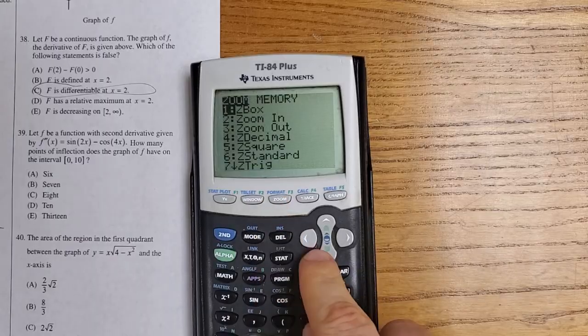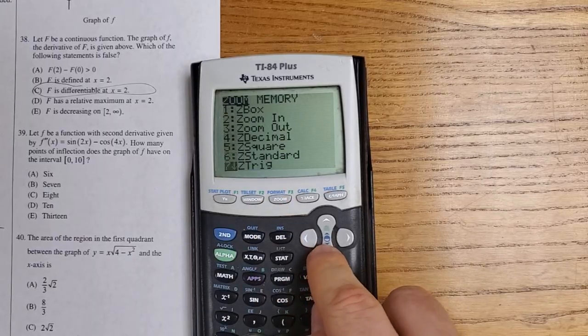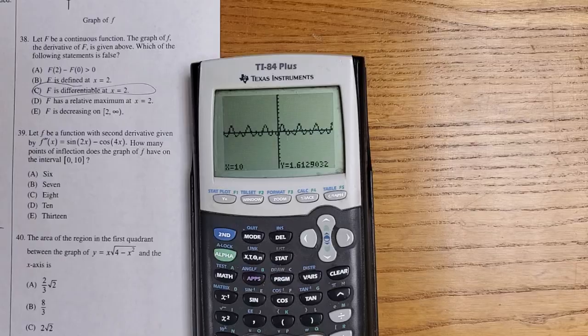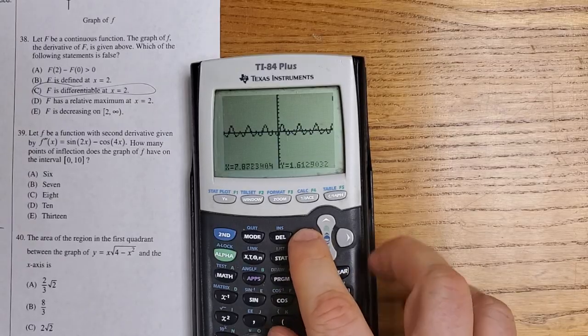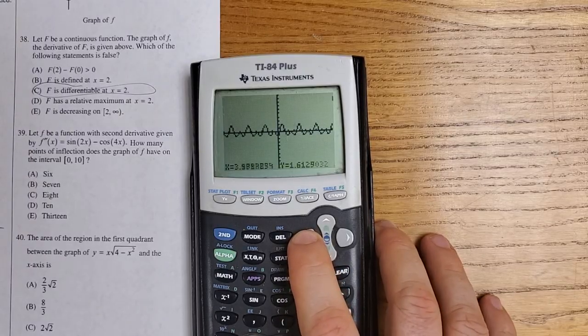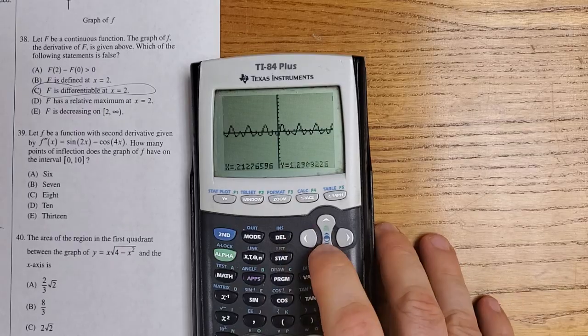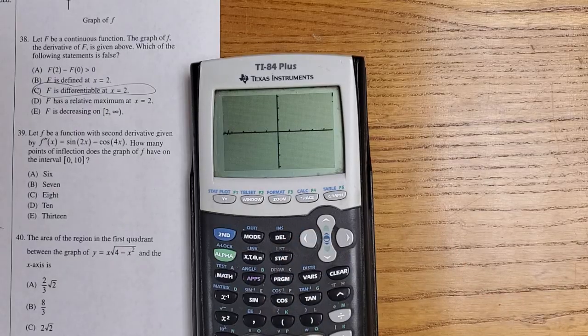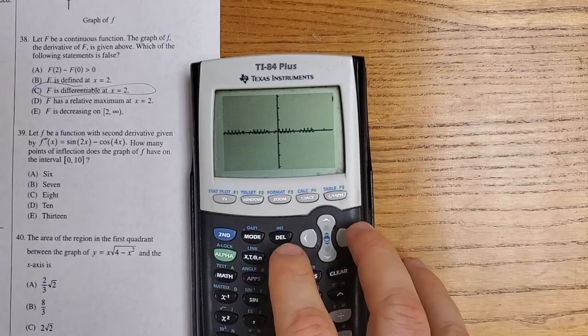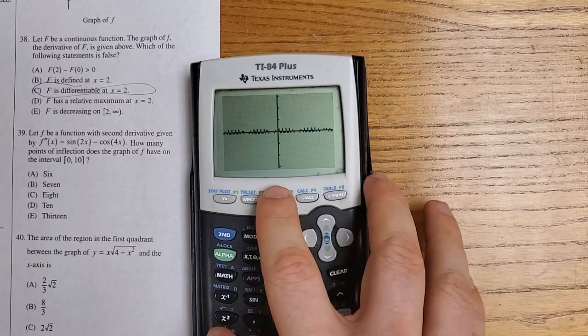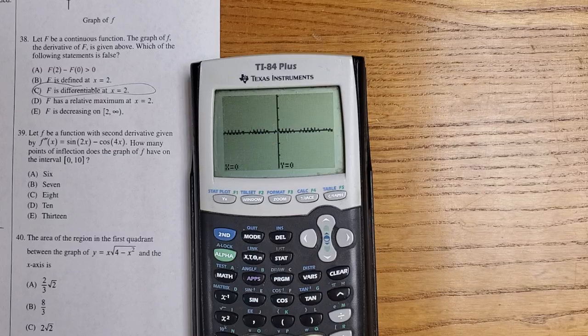So if we go to zoom, and we can go down to zoom integer, and center it on 0. And it helps to set up the window before you put the graph in, so it doesn't have to redraw it every time. But now we're going to zoom in on the same place. So it zooms in, and you can see it a little bit better there.